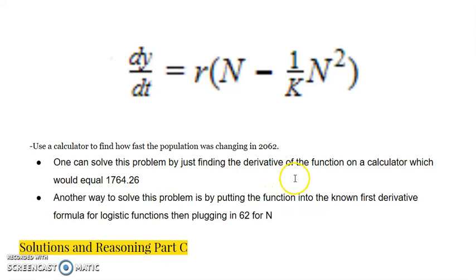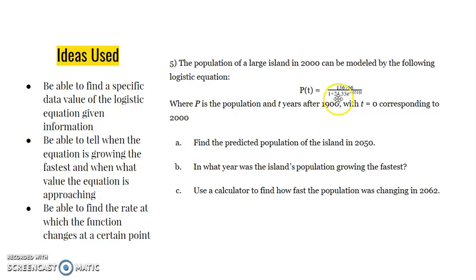And we'll get 1764.26. Or what we can also do, knowing the laws for logistic equations, is that dy over dt equals r n times 1 minus n over K. So we can just plug in all of our values that we know for our equation right here.